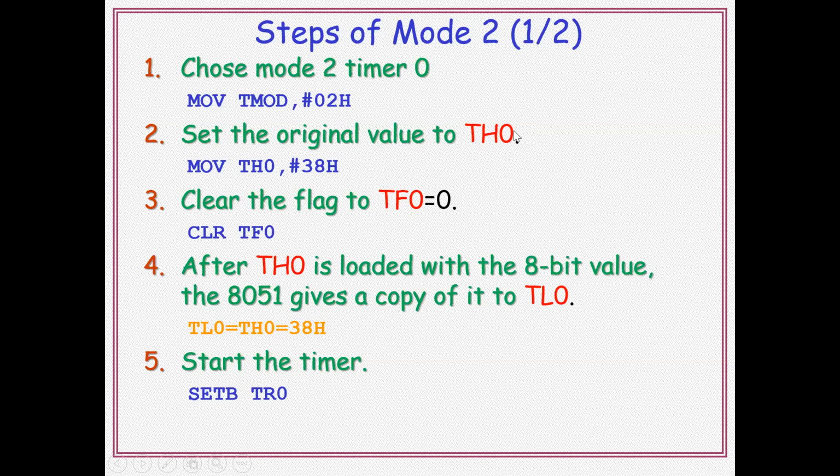So the initial value is always loaded into TH0: MOV TH0, #38H. The initial value 38H is copied into TH0, and it is copied into TL0 by default. After that, for every clock pulse, TL0 is incremented by 1: 38, 39, 3A, 3B, 3C, 3D, and so on up to FF. After that, it rolls over to 0 and then generates the respective flag.